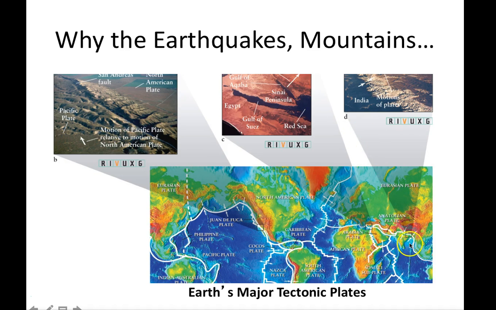But if you look over here in the Indian subcontinent, you have a subduction going on right here, which is causing the Himalayas to increase in size. So the Indian subcontinent is diving underneath the Eurasian plate, which is causing the Himalayas to increase in height.